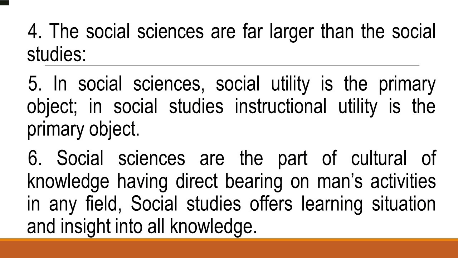And fifth, in social sciences, social utility is the primary object, while in social studies, instructional utility is the primary object. The last one, social sciences are the part of cultural knowledge having direct bearing on man's activity in any field, while social studies offers learning situations and insight into all knowledge.